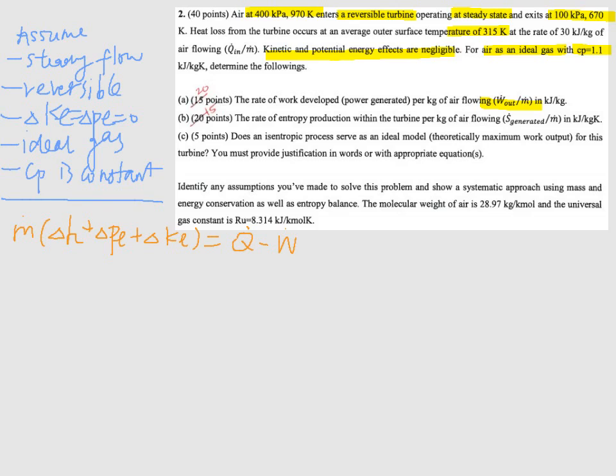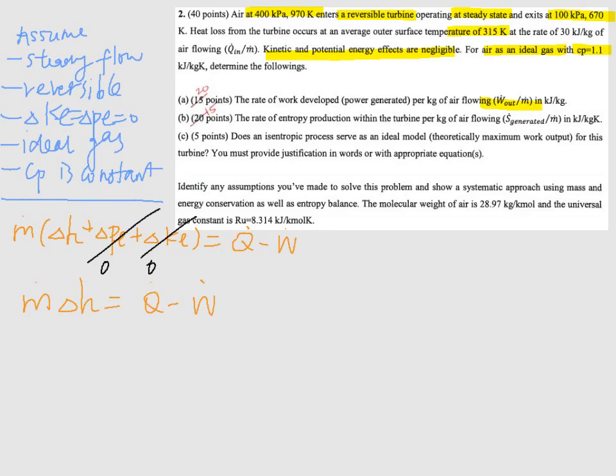First, let's eliminate those terms that are not very useful. P, K, zeros, cool, like this. Now we're left with just m dot delta H is equal to Q dot minus W dot.